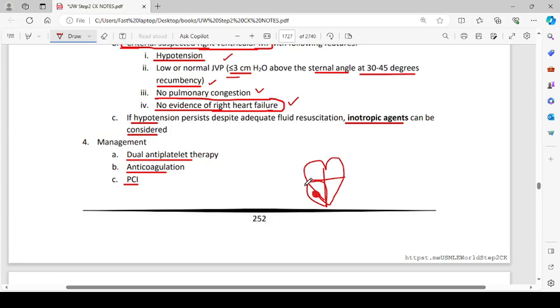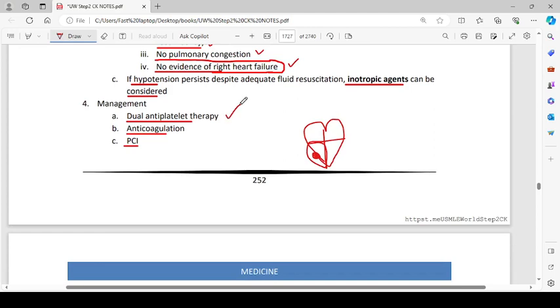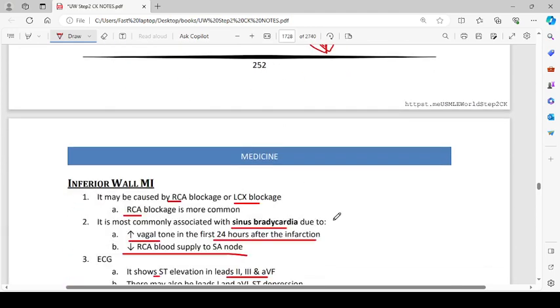So that is a failure. Failure is a different thing than infarction. Infarction can lead to failure. If hypotension persists despite adequate fluid administration, inotropic agents can be considered. Management is dual antiplatelet therapy, anticoagulation, and percutaneous intervention.